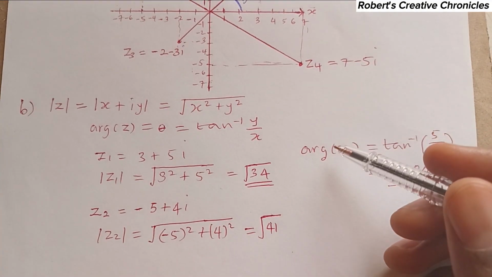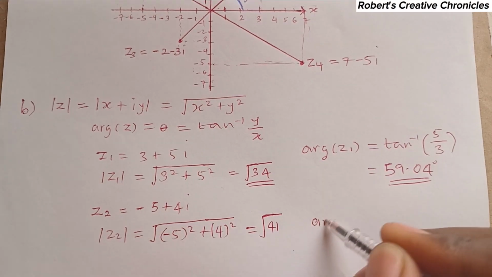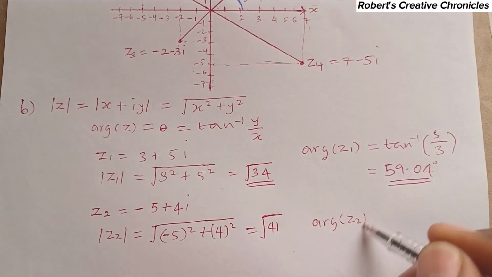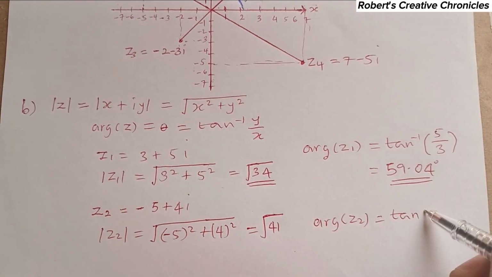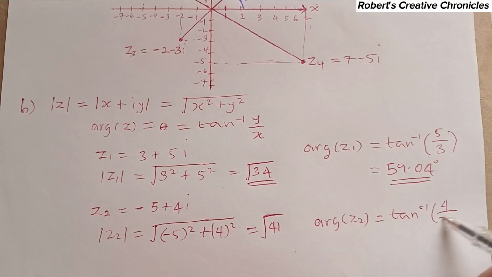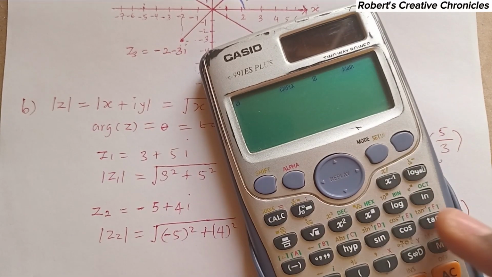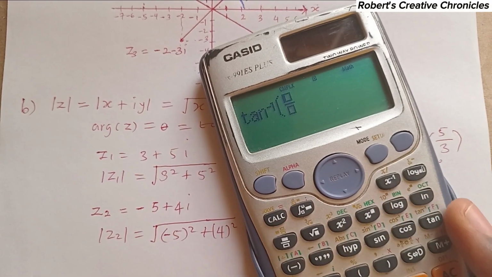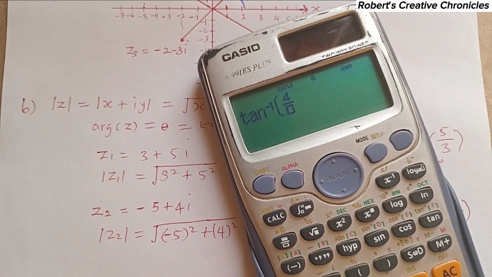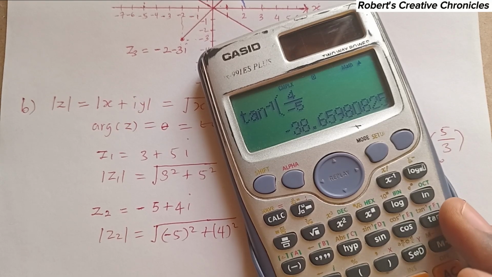So now the argument of z2 is equal to tan inverse, y is 4 over minus 5. So it will be tan inverse 4 over minus 5. This is minus 38.65.